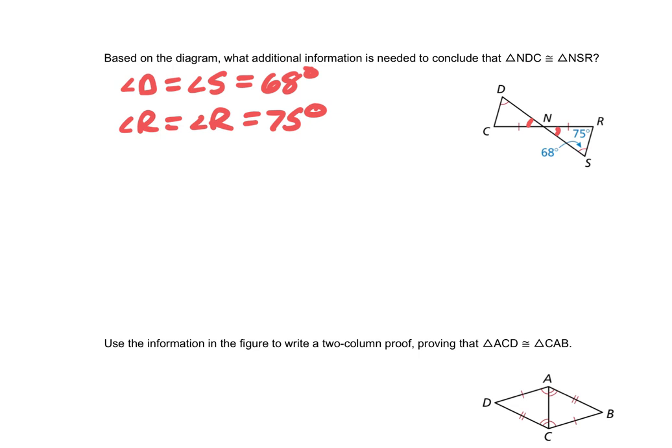So we have all three angles congruent. Angle R is congruent to angle C. So knowing that all three angles are congruent, is that enough to prove that these two triangles are congruent?